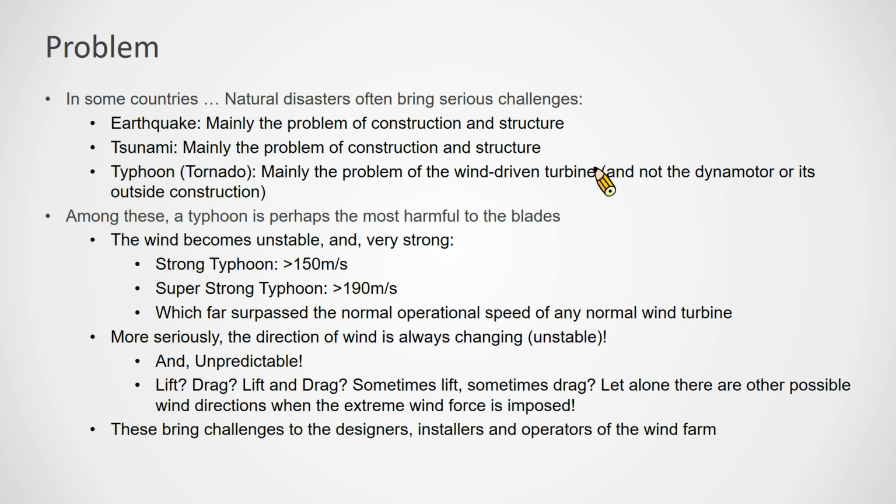And more seriously, the direction of wind is always changing and unstable when the typhoon is striking. So what's our policy to face up with this? This brings challenges to the designers, installers, and operators of the wind farm.